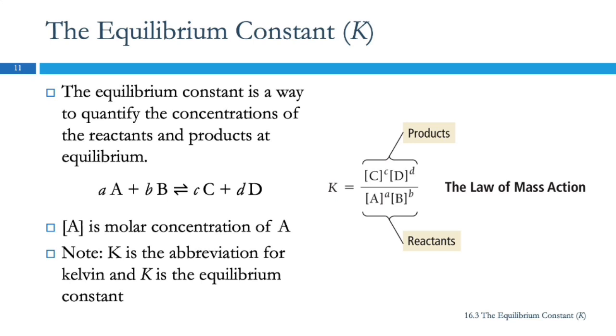So in typed things, variables are given, their symbols are italicized. K here is an abbreviation for a unit, Kelvin, and units are not italicized. I will not try to trick you with that, but just something to watch out for. This is not Kelvin is equal to these things. So this is also known as the law of mass action.